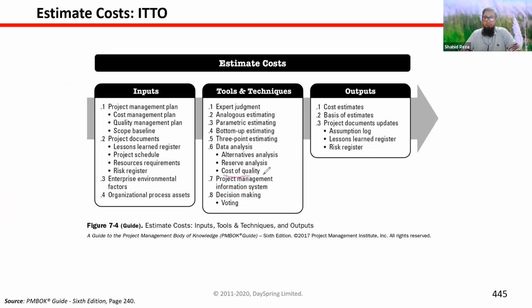Next is cost of quality. This is very important. Cost of quality means what? Quality is not free. The same building, one building can be created by spending 1 crore taka or 4-5 crore taka. The same building can be built using 100 crore taka, because of the quality, because of the features, because of the functionalities, because of the materials.